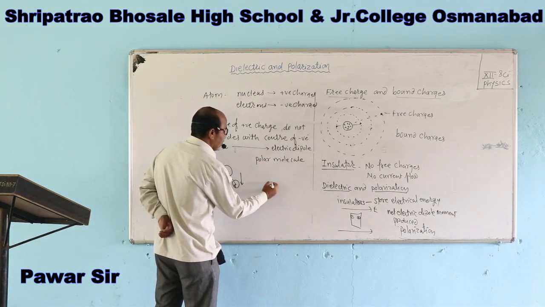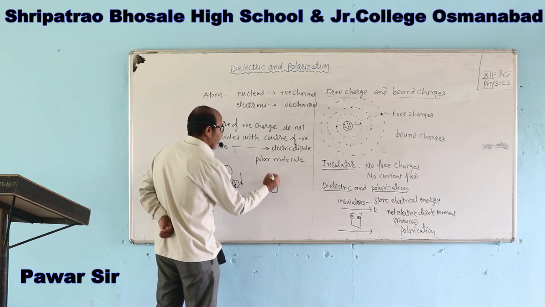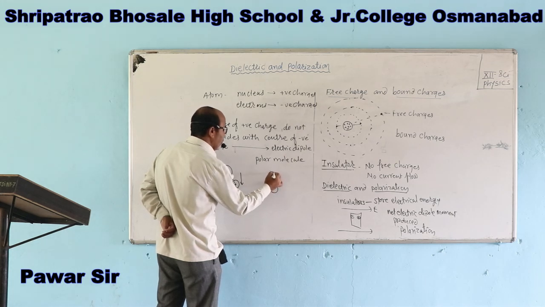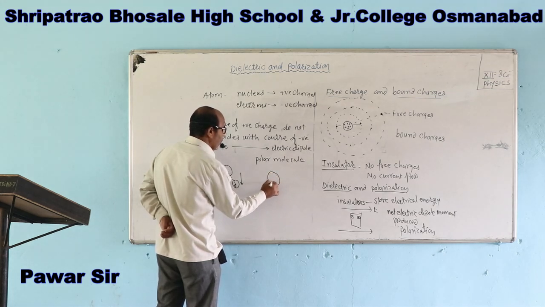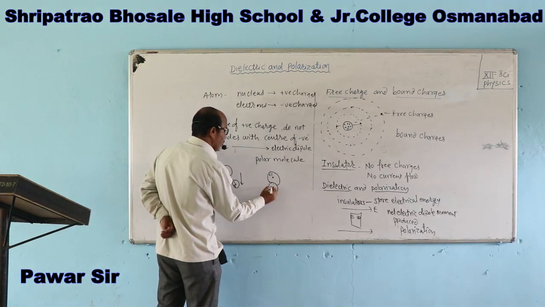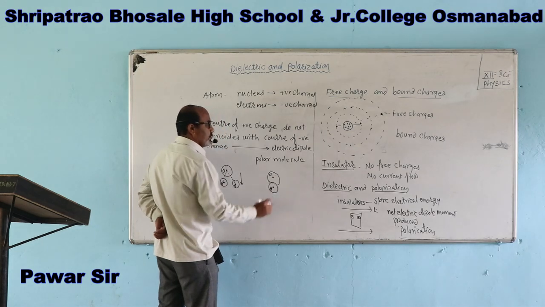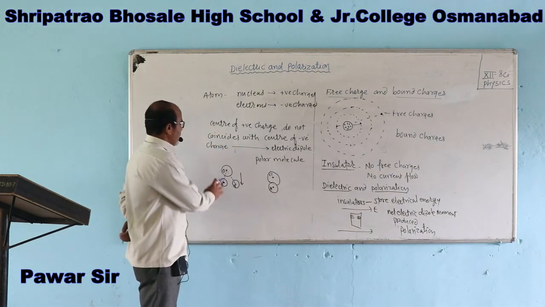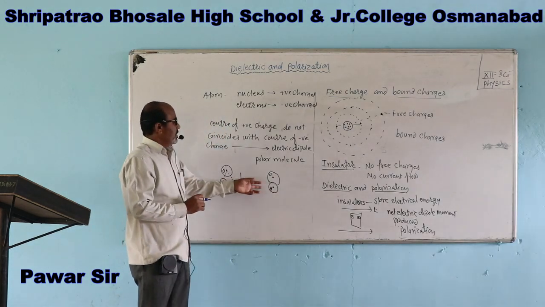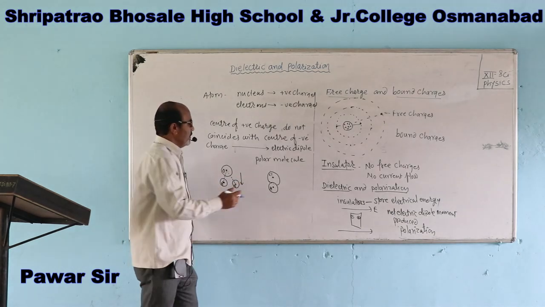If this is H and this is Cl. So H2O and HCl are polar molecules.